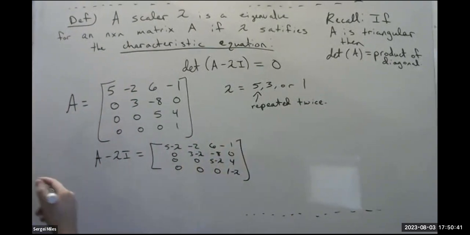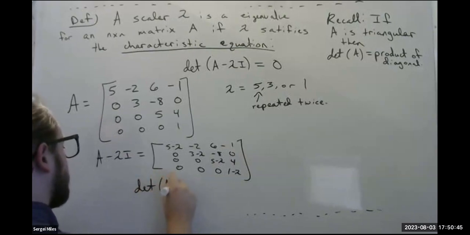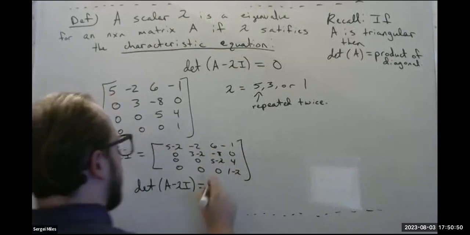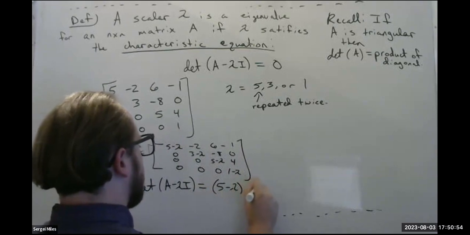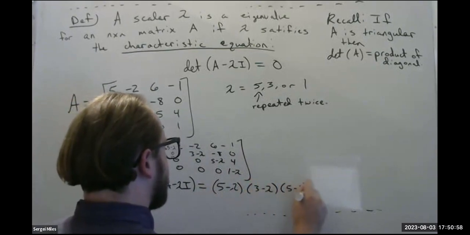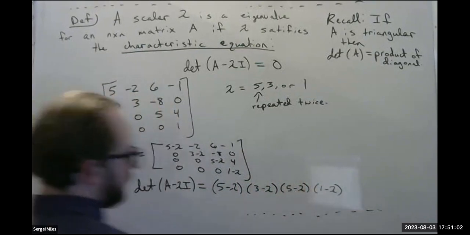Again, this is still triangular, so when I take the determinant of this matrix, it is the product of the diagonal, and we have 5 minus lambda times 3 minus lambda times 5 minus lambda times 1 minus lambda.